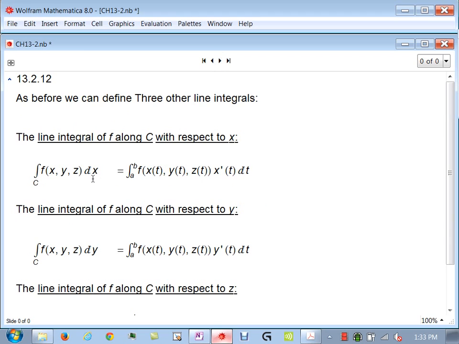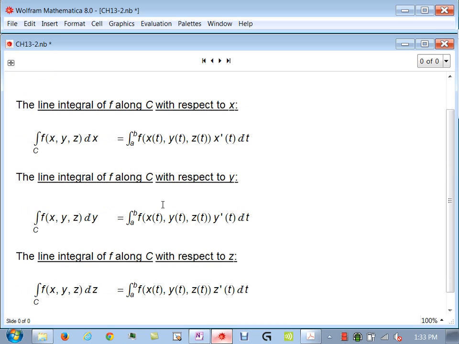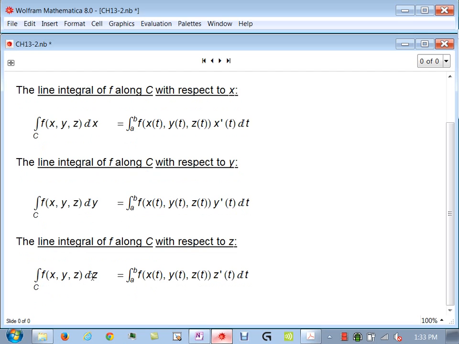Look at this. The line integral of little f, scalar f, along C with respect to x had the little dx out there. This was this, with the little x prime t sitting outside, dt. And this is along with respect to y and then with respect to z.